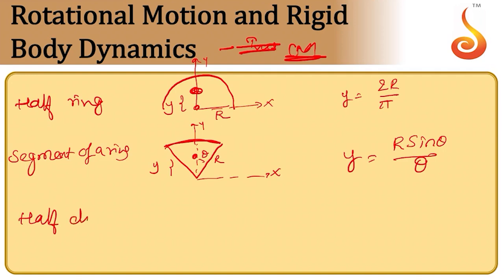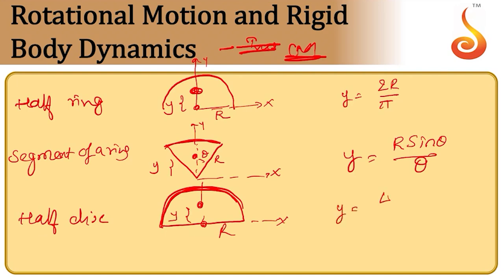A half disc, for example, let us consider a half disc like this. Remember, this is a disc or plate. This is of radius r, this is x-axis, this is y-axis, and it is at a height y. Y is given by 4 by 3 r divided by pi. This is for a half disc.